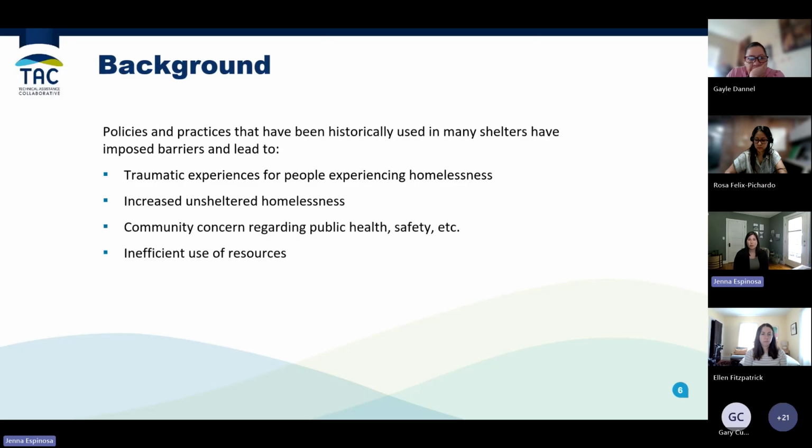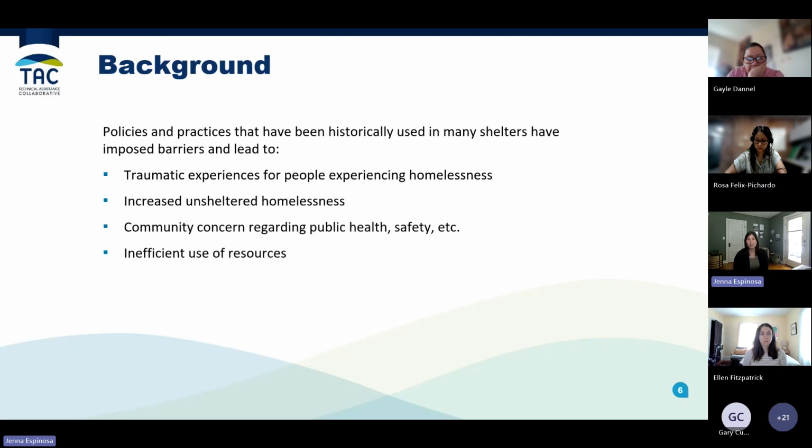And what we hear from those communities is that people are choosing not to come inside for reasons related to shelter entry. So it could be the process of getting into shelter is too burdensome. It could be that they're not able to maintain their job in order to have a place to sleep at night inside. It could be the shelter practices don't allow them to maintain certain relationships, like with their pet or significant other, for many reasons.